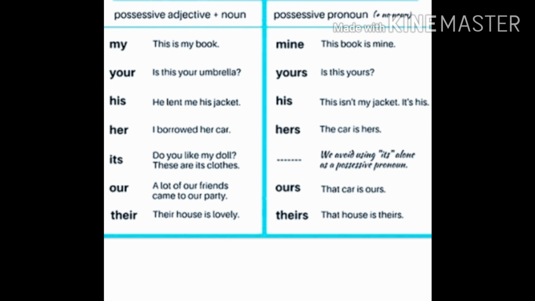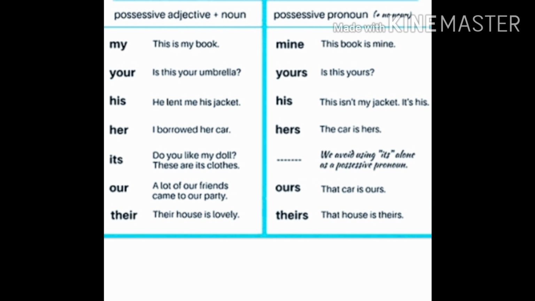Now, the difference between possessive adjectives and possessive pronouns. My. My is a possessive adjective. This is my book. Your. Is this your umbrella? His. He lent me his jacket. Her. I borrowed her car. Its.